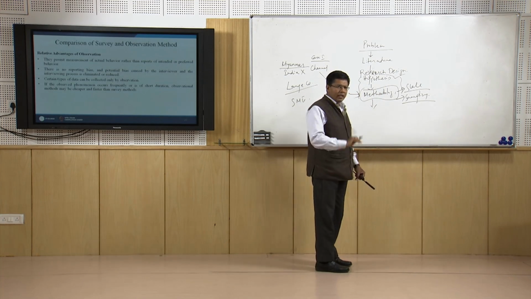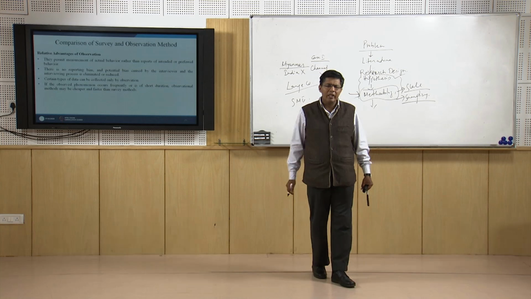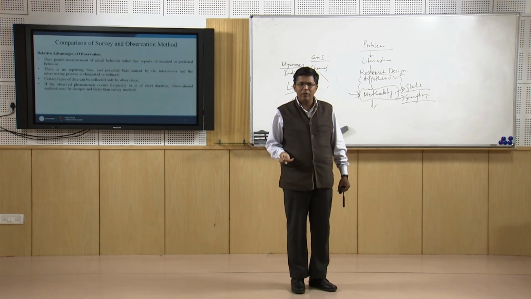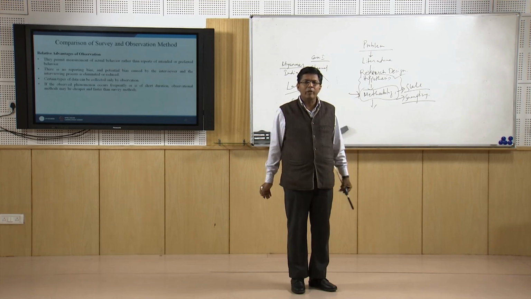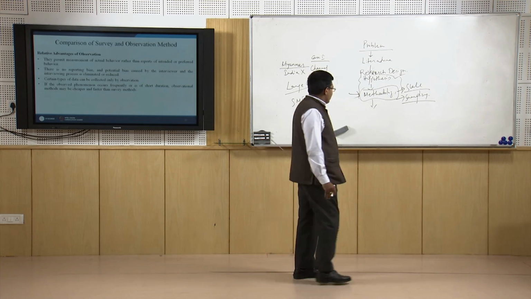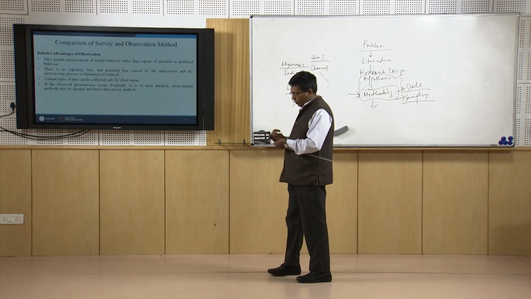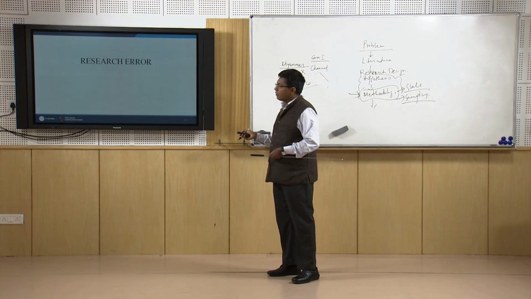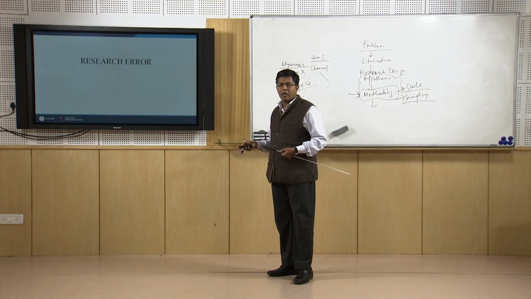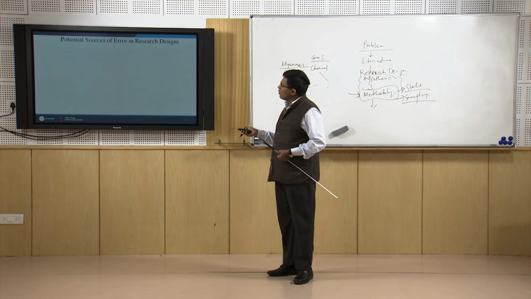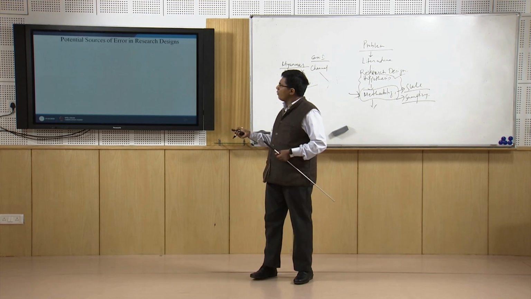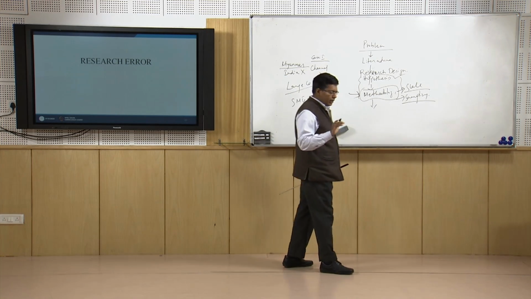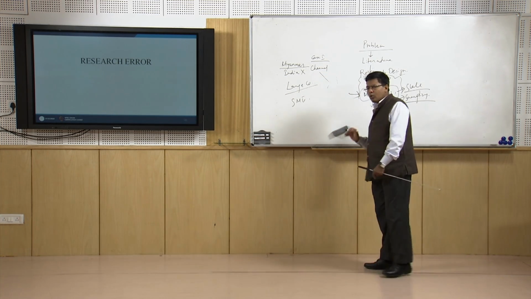If you have measured it wrongly in a scale, or taken the wrong sample for your study, then your complete outcome would be wrong. So during the research one has to be very careful about the different ways one is conducting the research. I am not going to touch it now, I am just going to brief you that errors would be there in research, and you need to cut down these errors as much as possible.